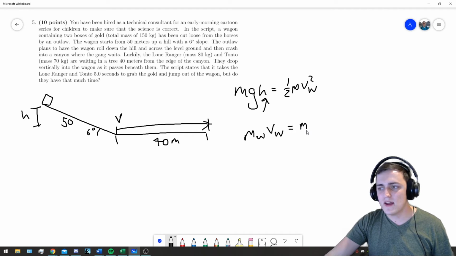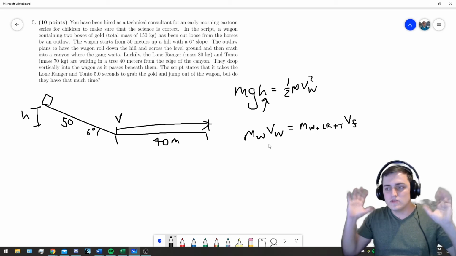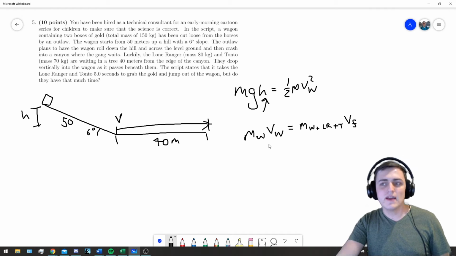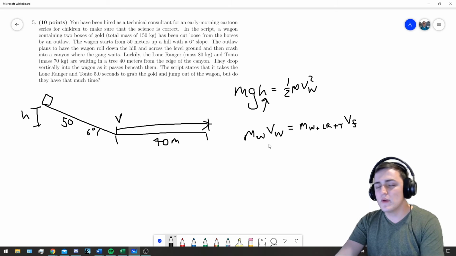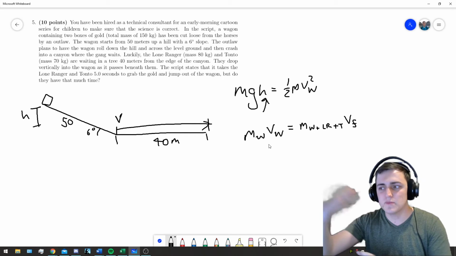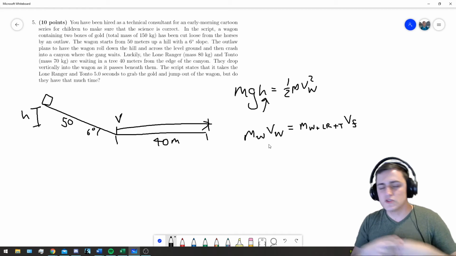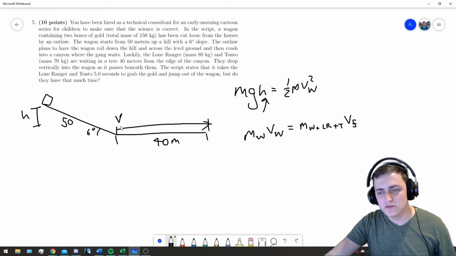And so then we have the mass of the wagon plus the Lone Ranger and Tonto times v final. When they drop onto the wagon, we've just increased the mass of the wagon. And in order to conserve momentum, if mass goes up, the velocity has to go down proportionally, so that they aren't just creating momentum. Momentum must be conserved here.